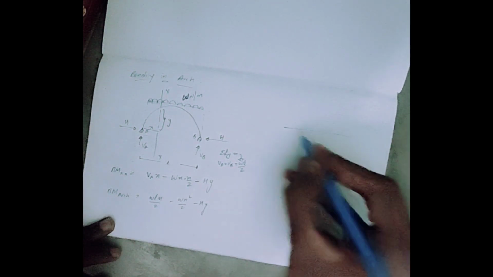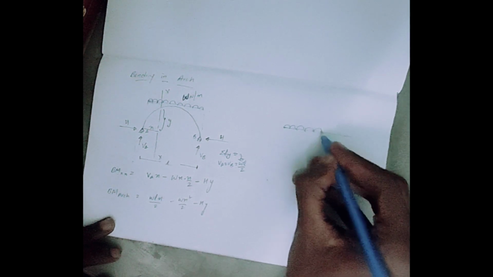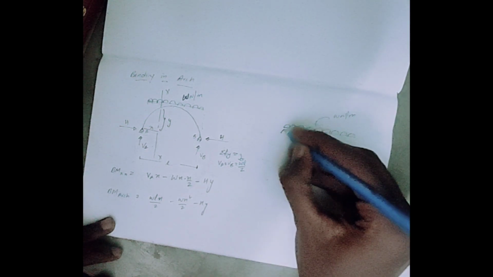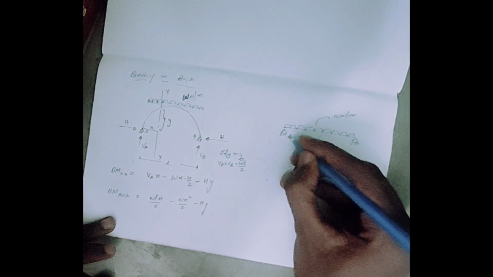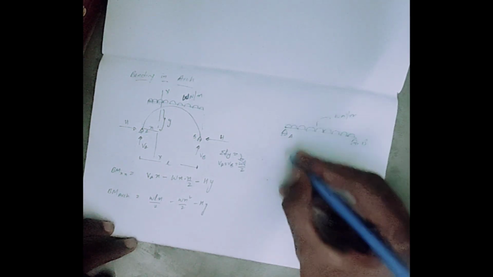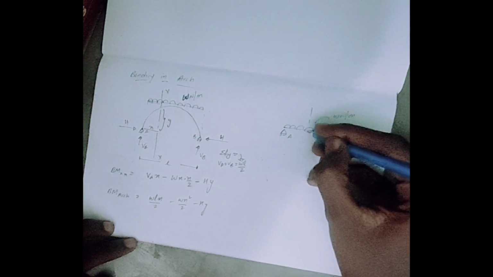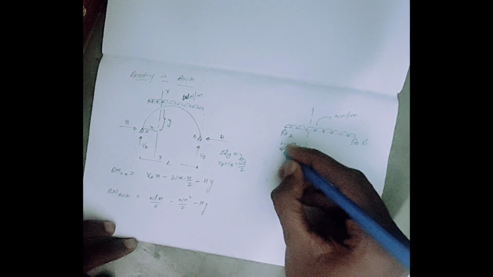Now we compare this arch to a simply supported beam which is subjected to a UDL of the same W Newtons per meter. These are supports, and that is A and this will be B. For the bending moment we consider the same x.